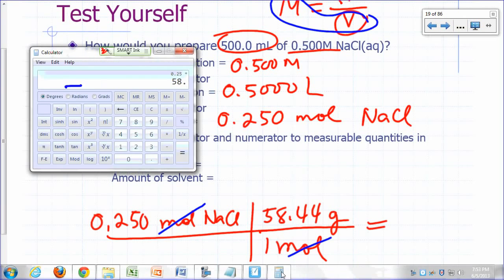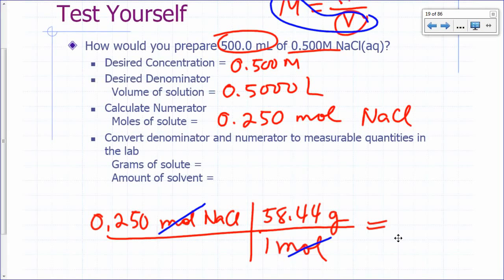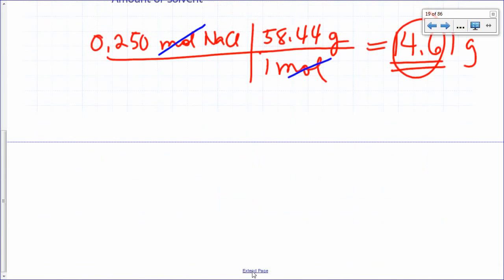A quarter of 58.44, which is 14.61 grams. With 3 sig figs, I only need 14.6 grams. So I go to the balance and weigh out 14.6 grams.